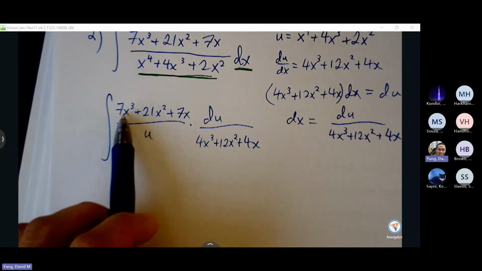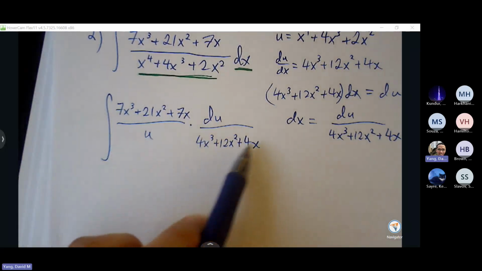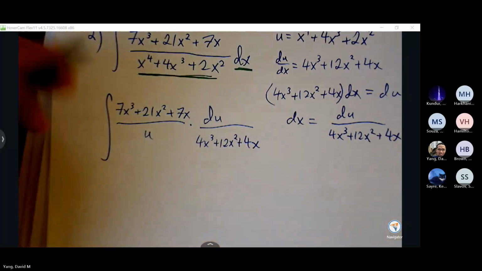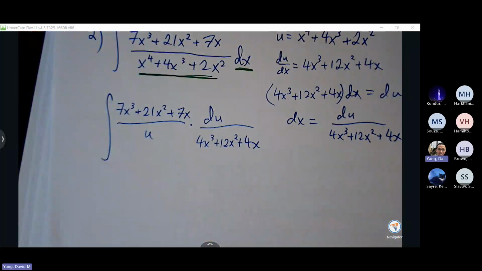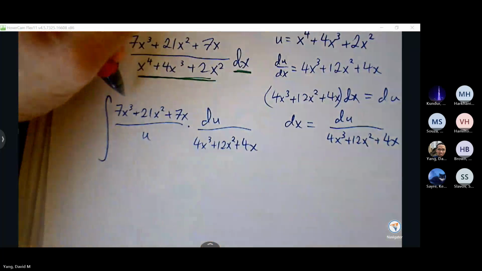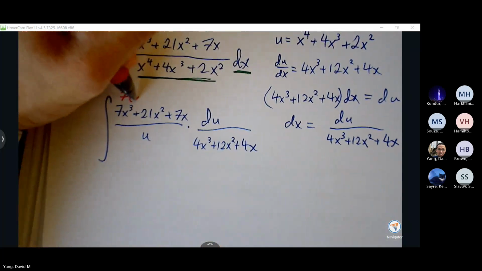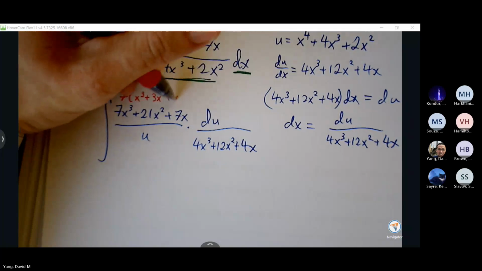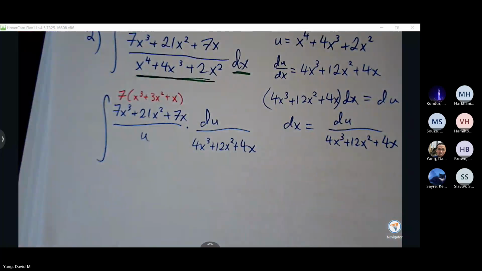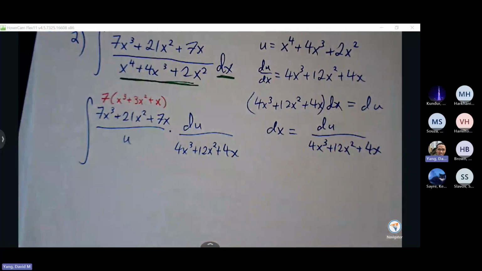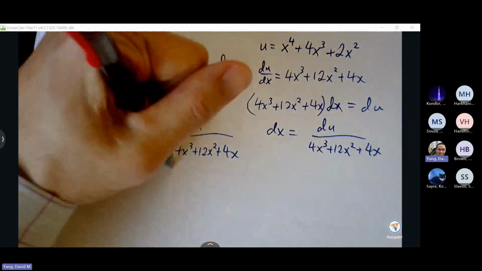Maybe not GCF. Let's take out the GCF of the numeric value. It looks like my variable is okay. So here I can take out a GCF of 7. Denominator, I can take out a GCF of 4.